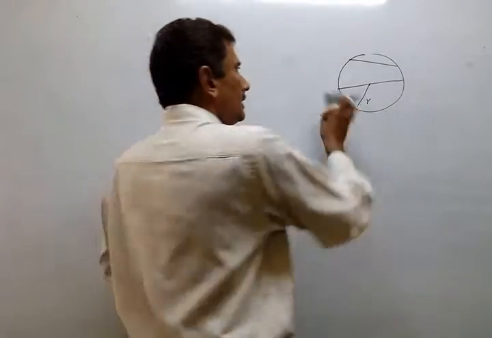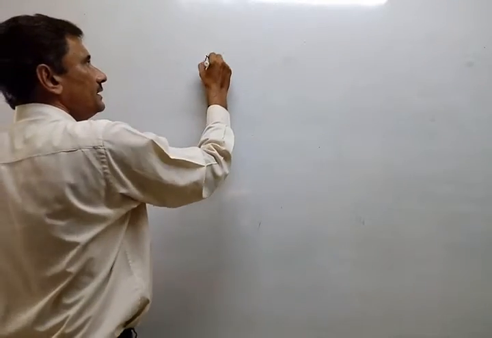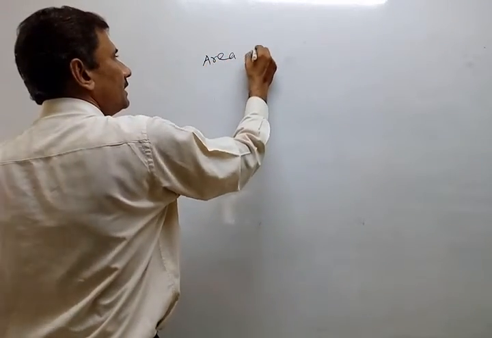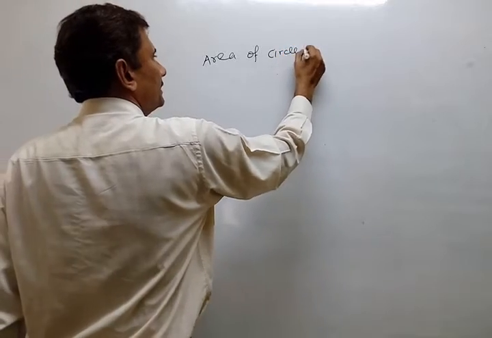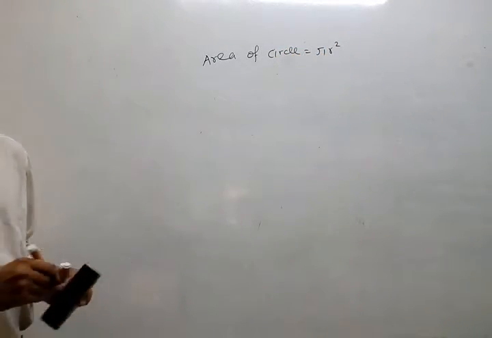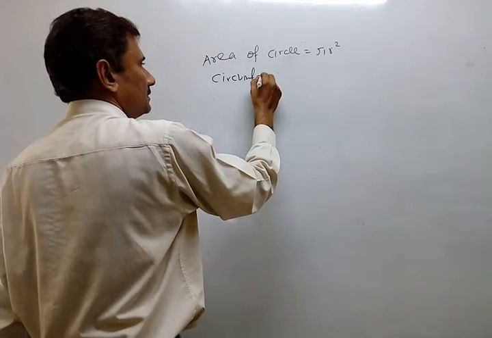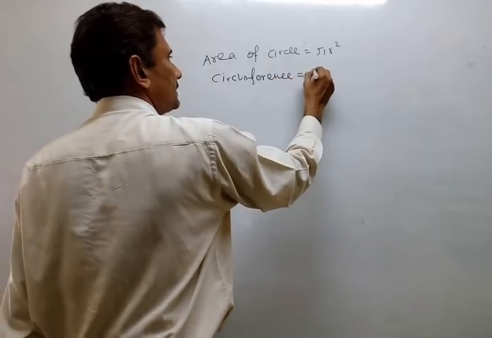Okay. Now I am just giving you two formulas. First one is the area of circle, and that is pi r square. And then circumference is equal to 2 pi r.